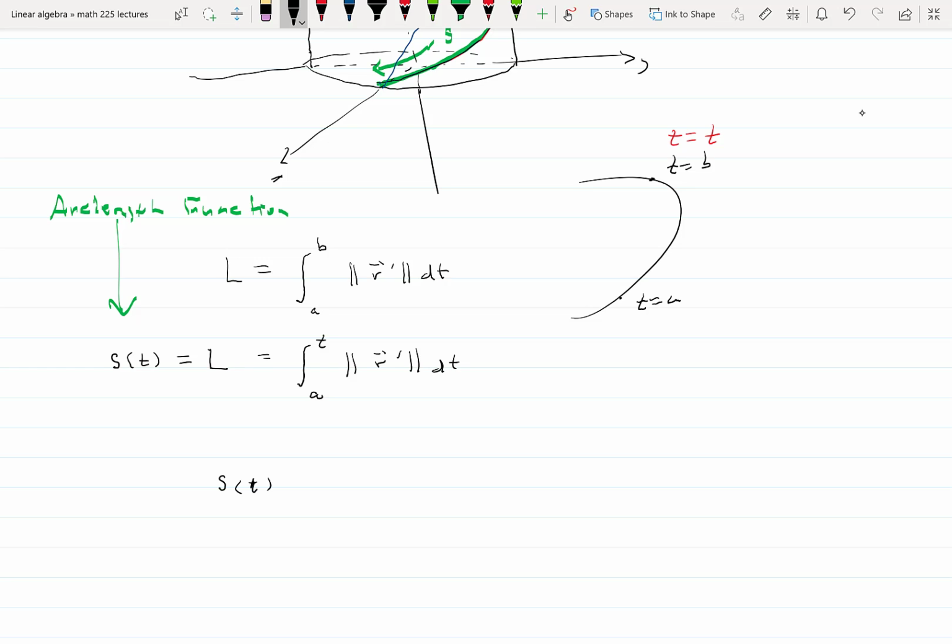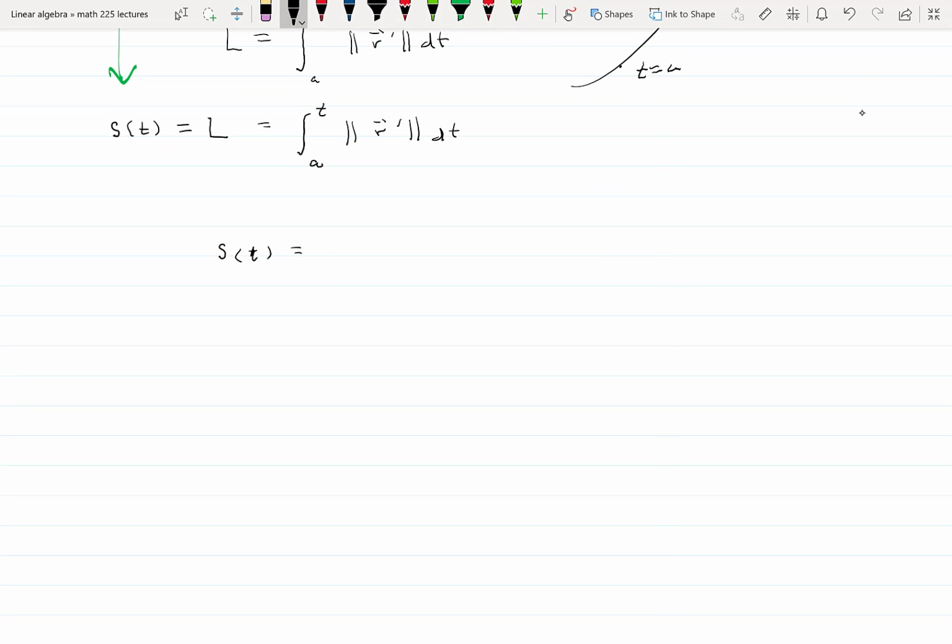We need to start somewhere, and you can start the time a in the integral at any place you want. In particular, we're going to start when time equals 0. So our arc length formula is the integral from 0 to t of the length of r prime dt.